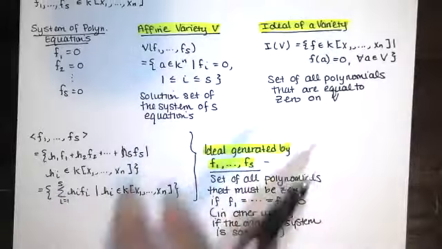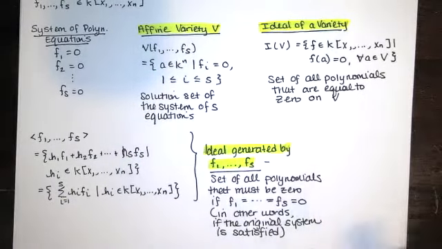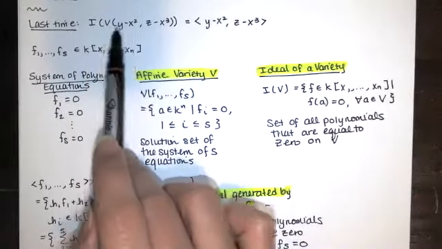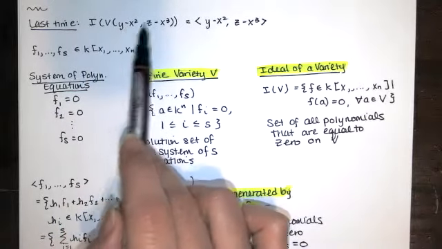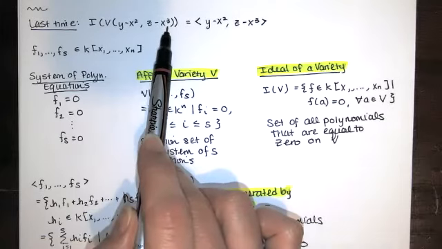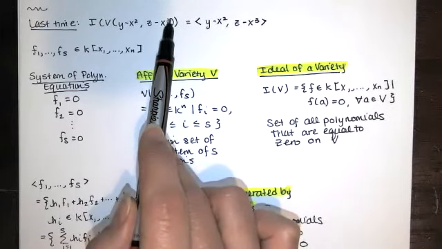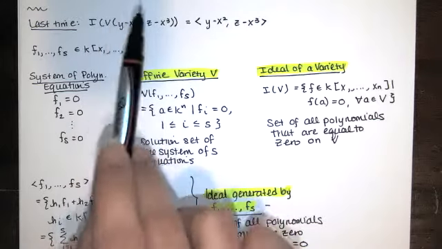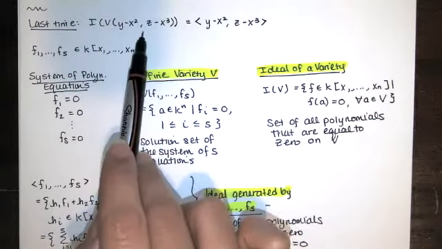And then we proved earlier that this was an ideal. Now, last time we said that the ideal of the variety generated by y minus x squared and z minus x cubed, and that was our twisted cubic. Now remember, again, this is the set of all polynomial functions that are equal to 0 on the twisted cubic.